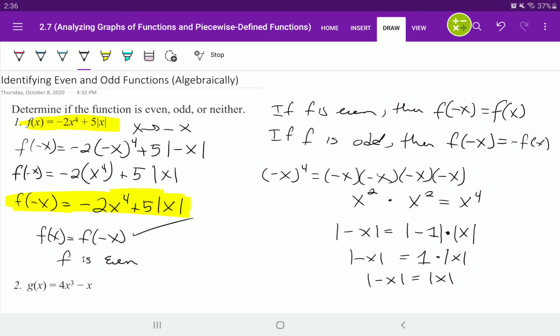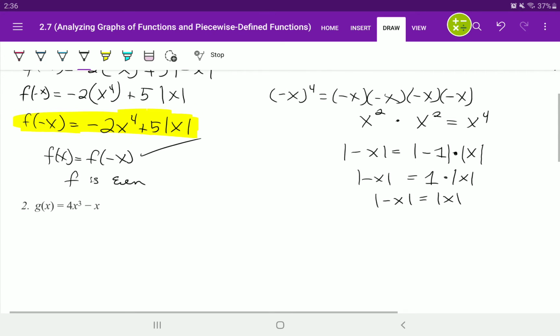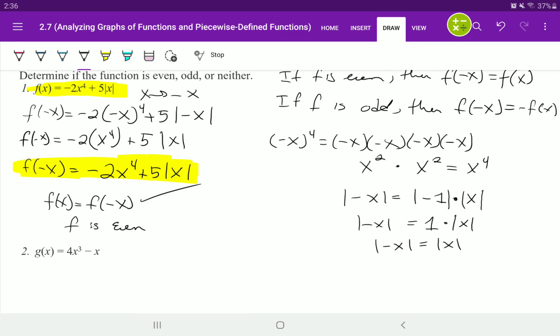Now we're going to do the next one. What we're going to do is use the definitions up here. So we're going to find g of negative x. We're going to replace x with negative x. So we have 4 times negative x, in parentheses, raised to the third, minus negative x.